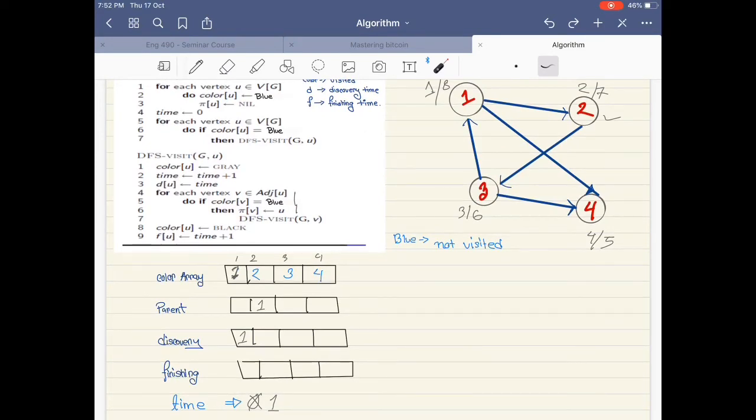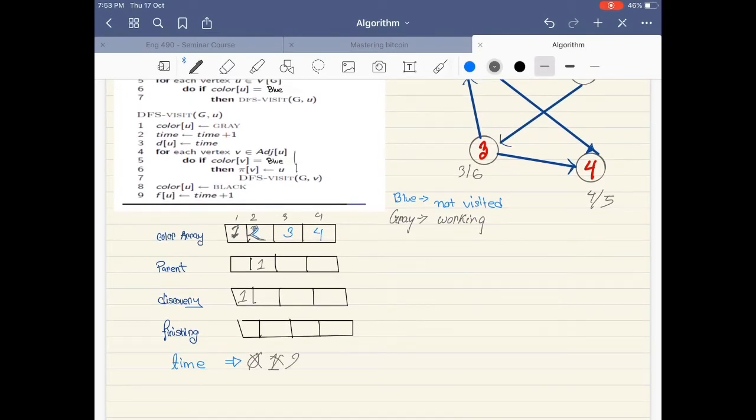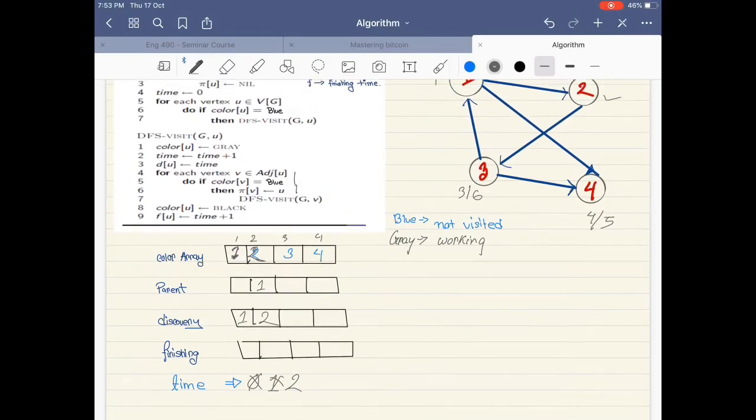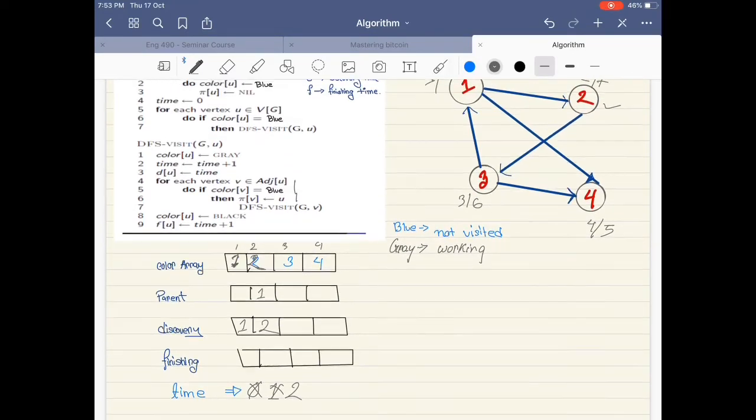So 2 comes here, u is 2 now, so we make 2 gray. Gray means that we are actually working on that particular node. We made 2 gray. Now time plus 1, so this is going to be 2. So we put 2 here because of the discovery time. Then we look at the adjacent nodes of 2. The adjacent node of 2 is 3.